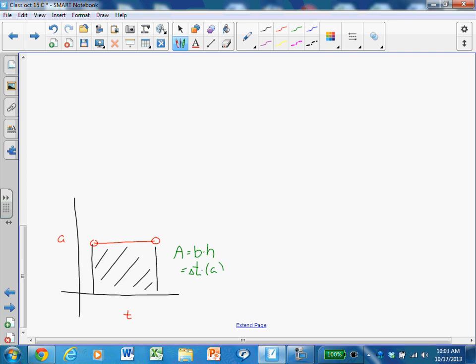So if we took the area of acceleration versus time, what do we get? Our change in V, so we can go up on this, right? So we had a positive change in V. So let's say we started with a V of like here, we changed it positively and went up to there, okay?